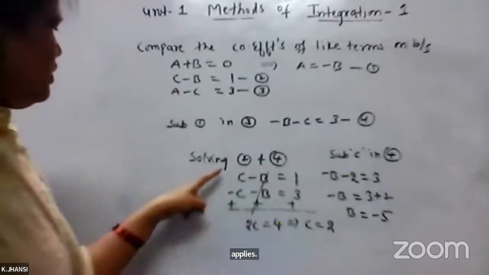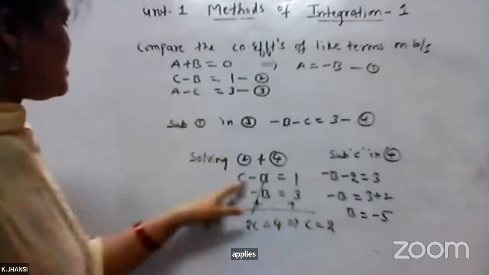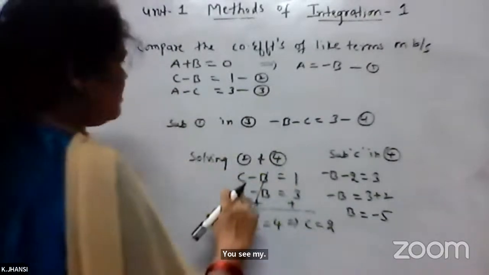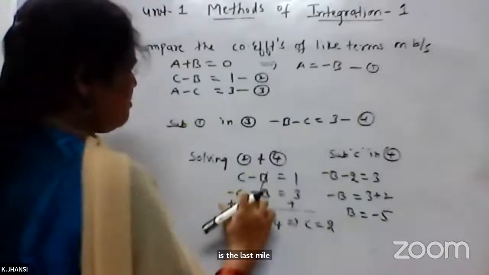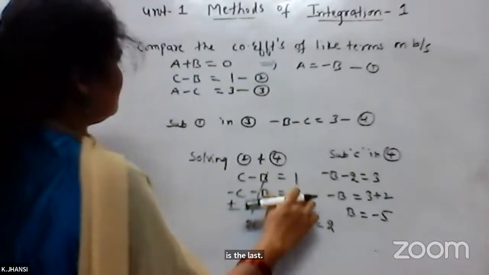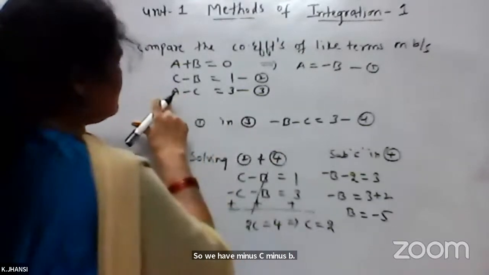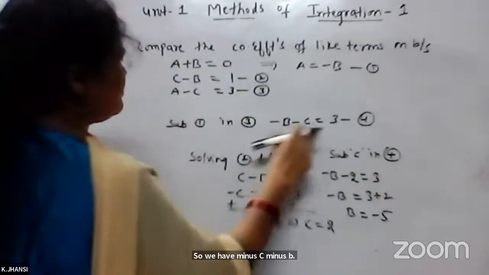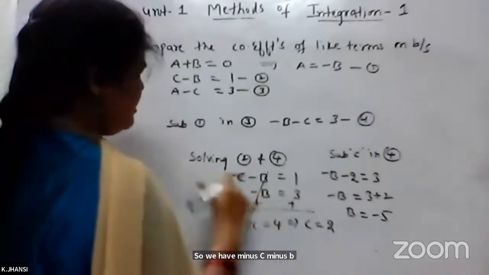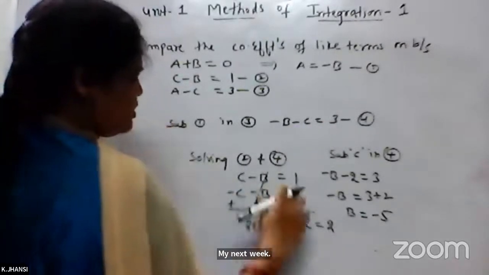We have done correct only, no? C minus B equals to 1. That is the last term. So we have minus C minus B equals to 3. And minus will get cancelled. C plus C is 2.